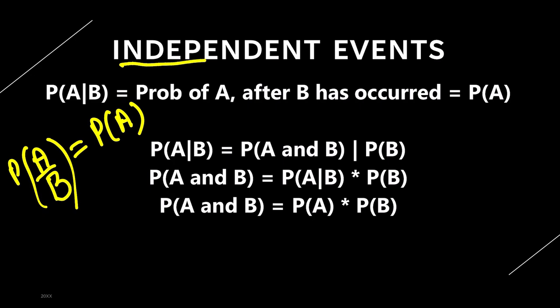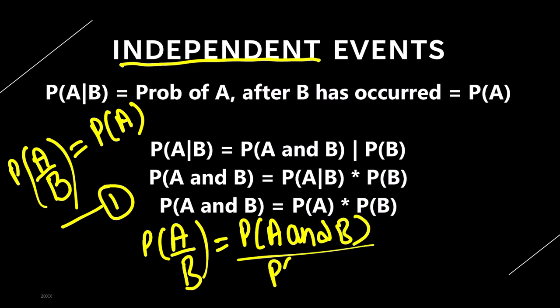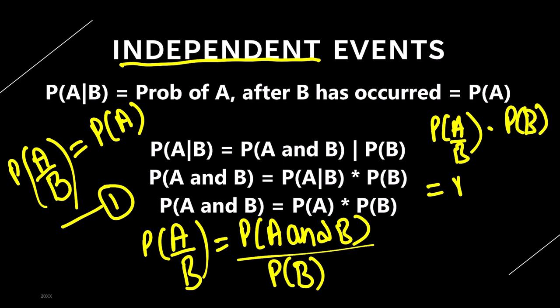That is the definition of independent events, and we have learned that probability of A by B is probability of A. Right? So this is statement number 1. Now, if I ask you what is the formula for this? P of A by B is P of A and B divided by P of B. Now rearranging this, probability of A by B multiplied by probability of B, taking B on the other side, is equal to P of A and B. Now what is P of A by B?